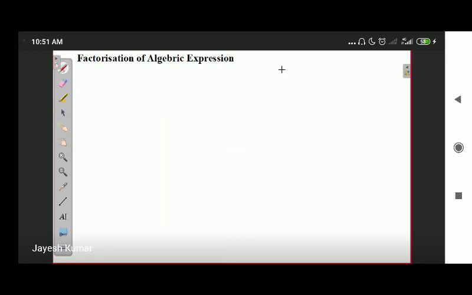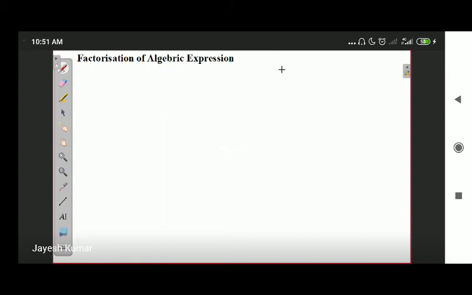Then we understood that there is a concept of like terms and unlike terms in polynomials. If there are two like terms, then and only in that case can you add or subtract the terms of the polynomial. If any two terms of a polynomial are unlike, then you cannot do addition or subtraction.